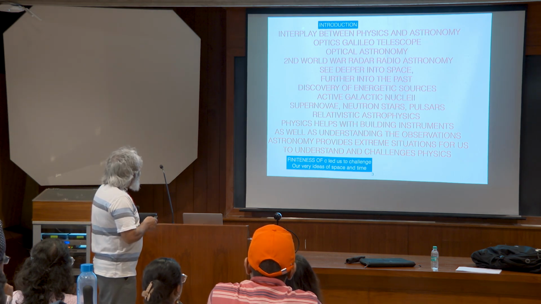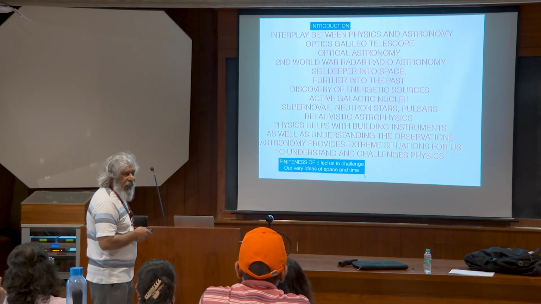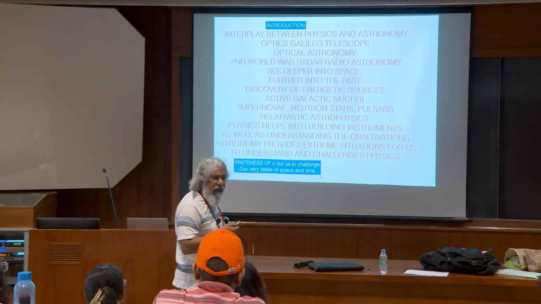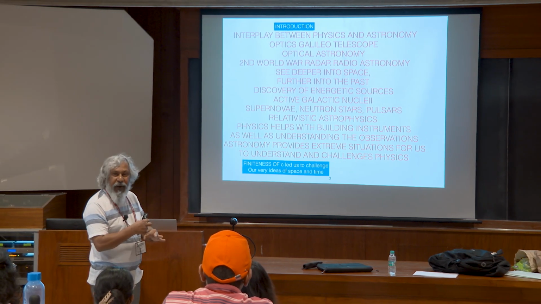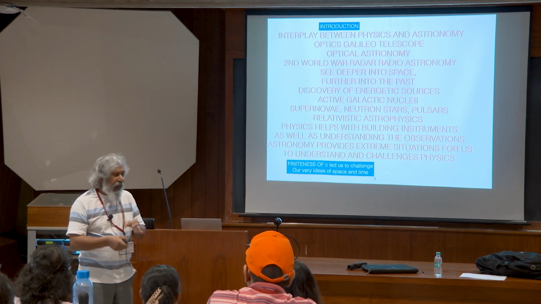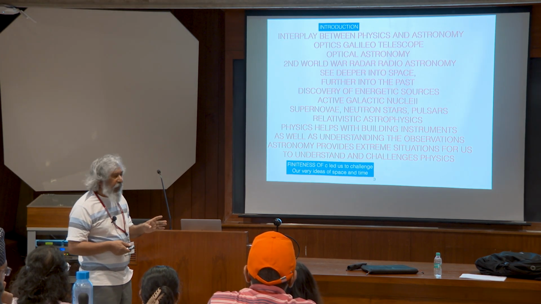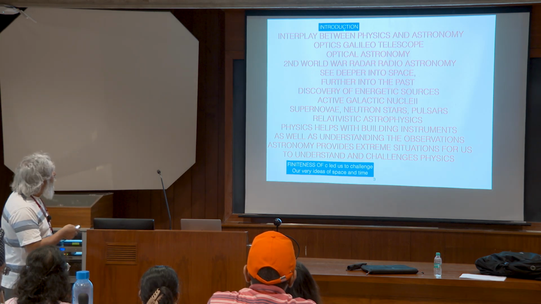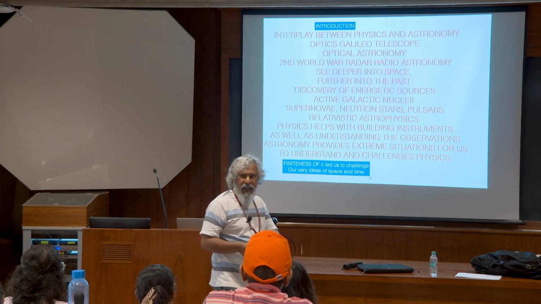But the interplay between physics and astronomy came when you look at optics. People were studying optics, grinding lenses in Holland mainly, and they made devices like microscopes, which let you look at very small things. They also made telescopes, which make you look at very faraway things. Now, both directions are interesting. As you go to the microscopic world, if you keep going, you'll end up with quantum mechanics.